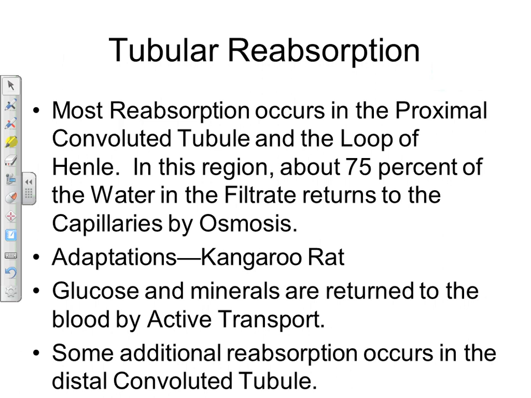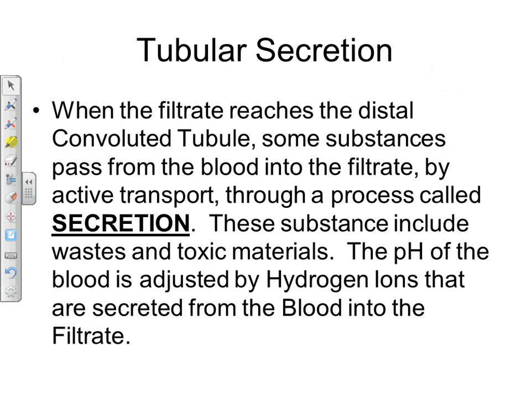So we talked about filtration. We mentioned reabsorption. And then secretion, step 3, happens in that distal convoluted tubule. And that's where things like H+ get pumped, actively transported straight from the blood vessels into the distal part of the convoluted tubule, the distal part of the renal tubule.